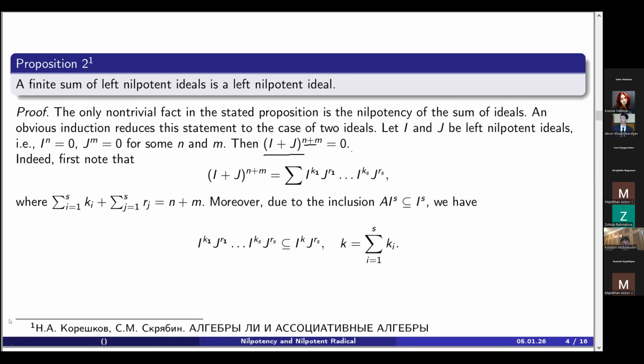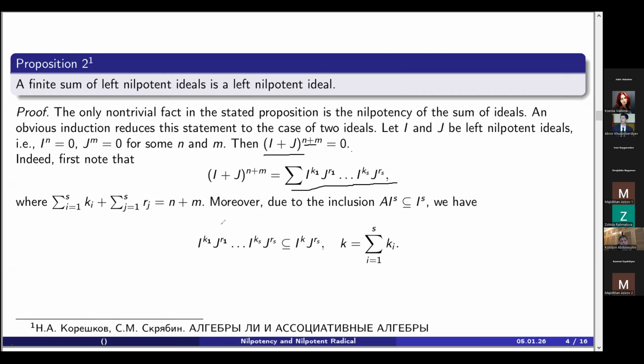Indeed, first note that (I plus J) to the power n plus m is equal to a sum, by the binomial formula, where the sum of i_k is equal to s plus r_j is equal to n plus m.